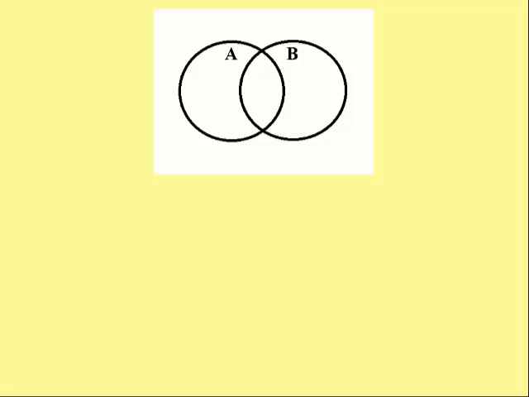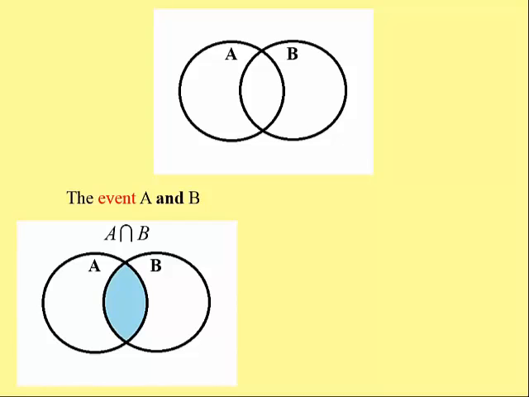Here is a situation where we've got two sets labeled A and B. What we're looking at is A intersect B. That's this upside down U between the A and the B. Now, the A intersect B needs to be related to the A and B. This is kind of easy to remember.